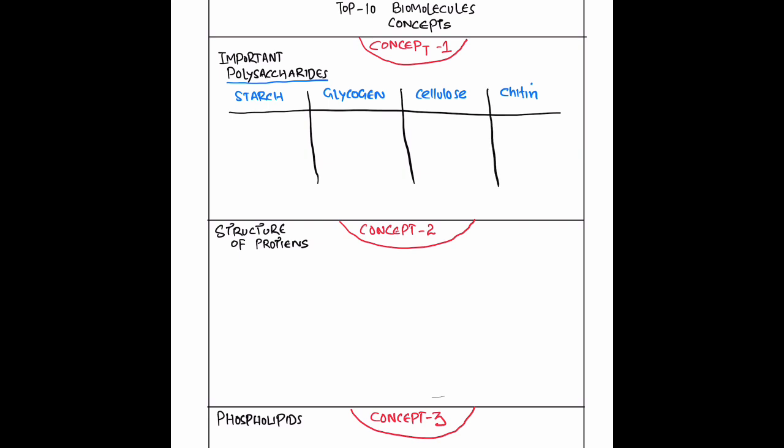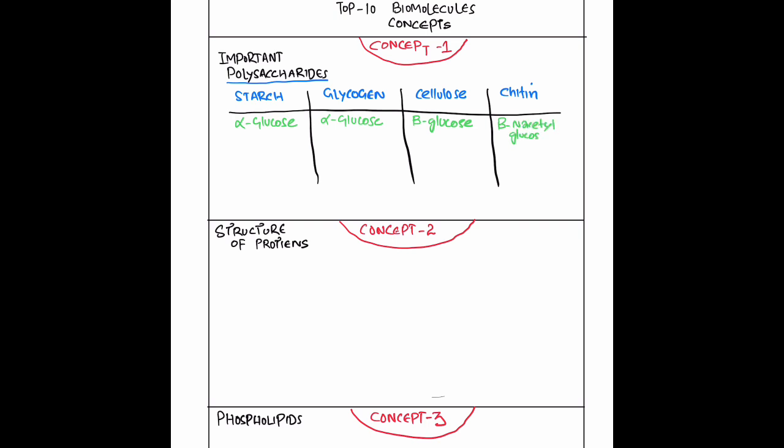Talking about starch, we all know that starch is made up of alpha glucose. Talking about glycogen, the answer again will be alpha glucose. But talking about cellulose, the answer will be beta glucose, and chitin is made of beta N-acetyl glucosamine.